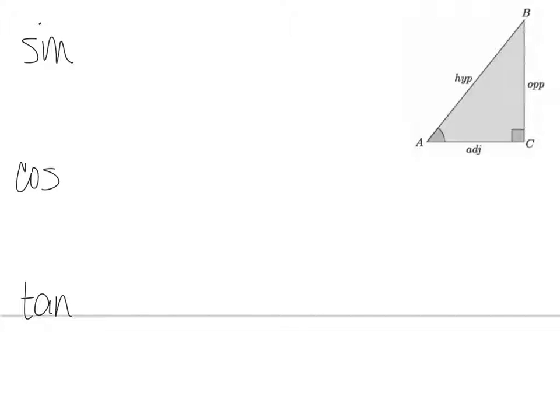So if we are looking at sine A, that's sine of angle A, equals opposite over hypotenuse. So if we're looking at angle A, first of all, let's say there's our hypotenuse. Opposite of angle A is going to be over here, and we know what the hypotenuse is.